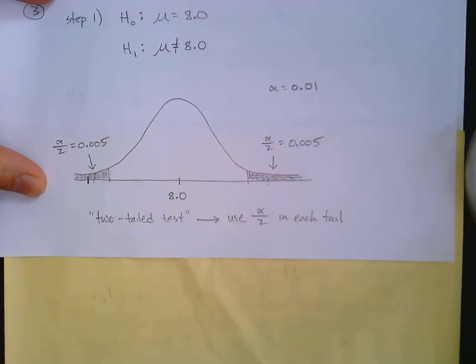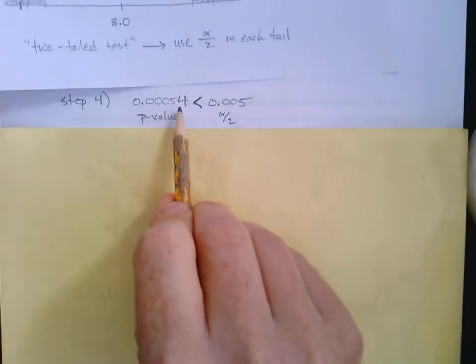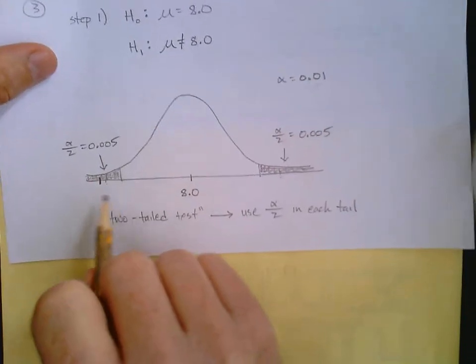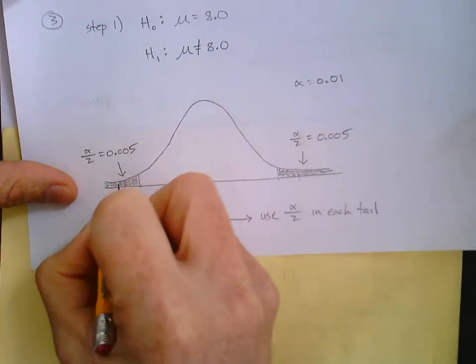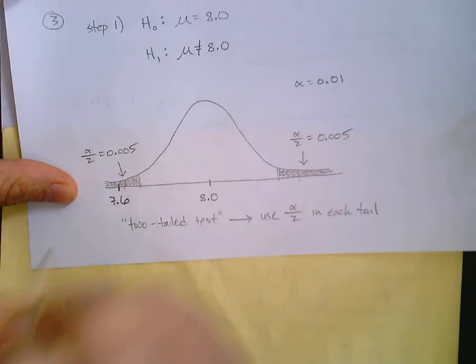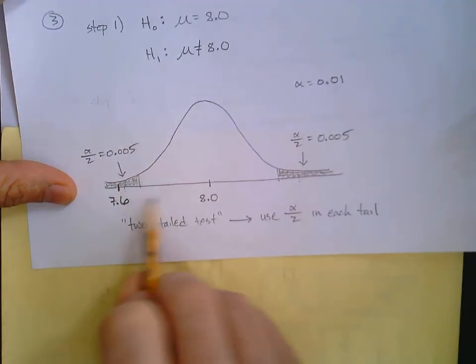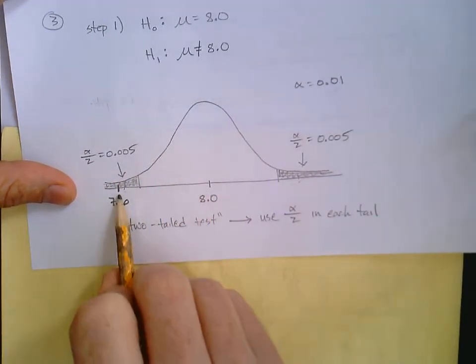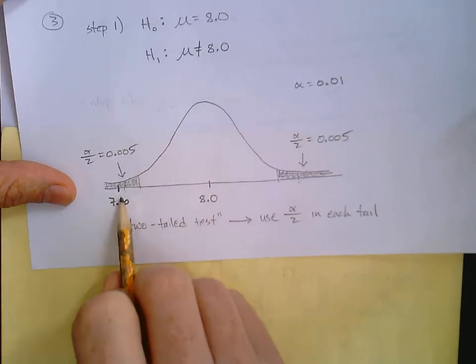There's our p-value of 0.00054, way down here. So that's where that 7.6 average landed. Doesn't seem like much, but that turns out to be a big jump probability-wise.